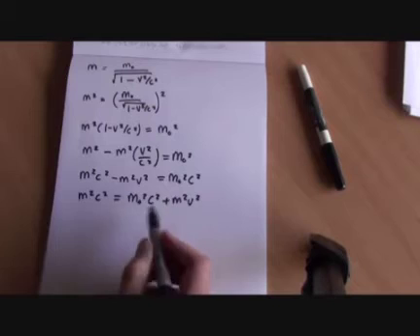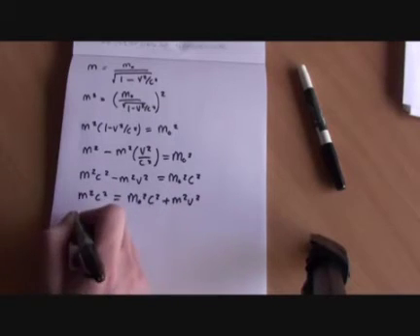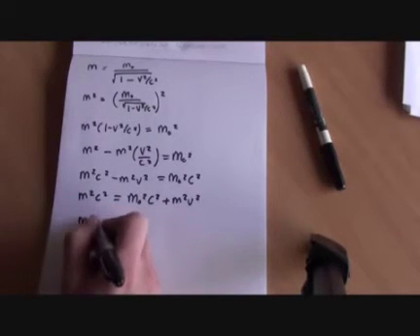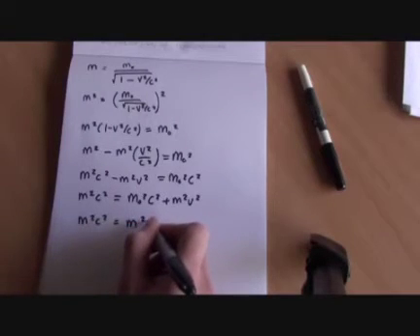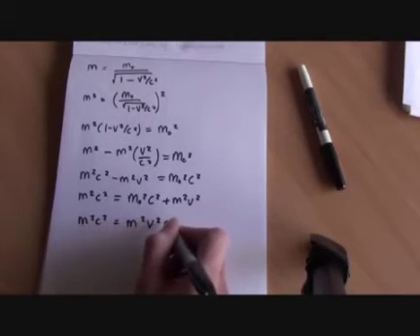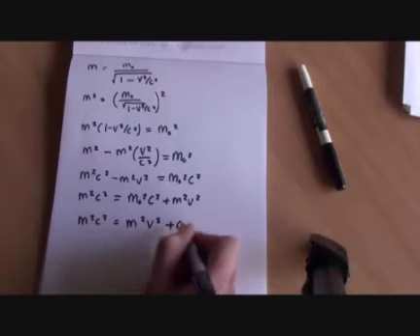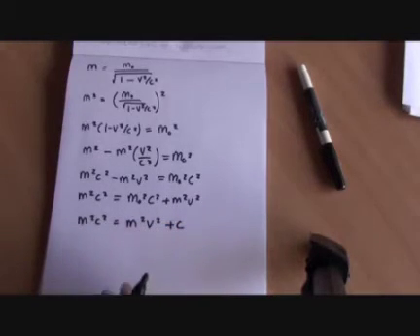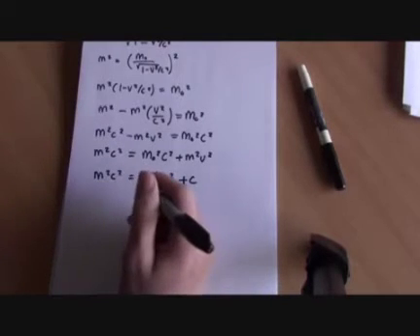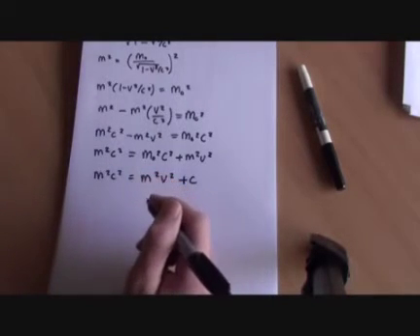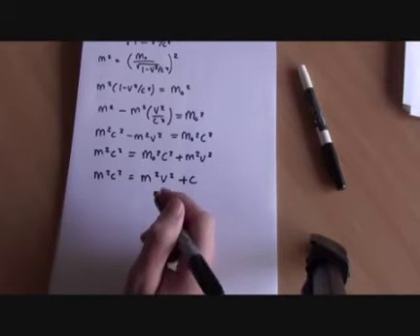That's not going to change. So we're going to represent that as a constant from now on. So I can say that m²c² is m²v² plus a constant. Why would I want to do that? Because I'm about to differentiate it with respect to time, and because this thing is a constant, its derivative is going to pop out as 0, because it's not dependent on time.